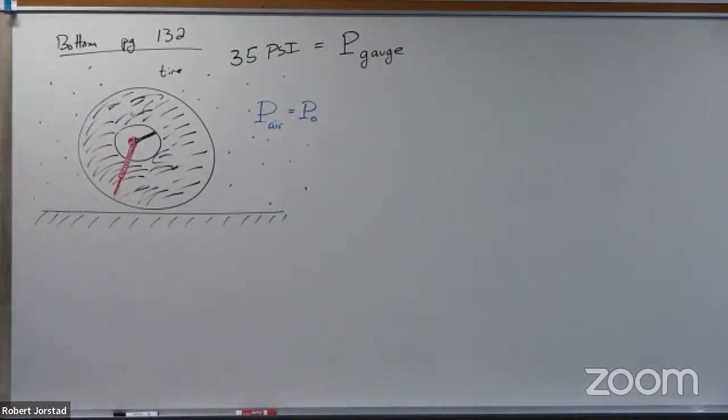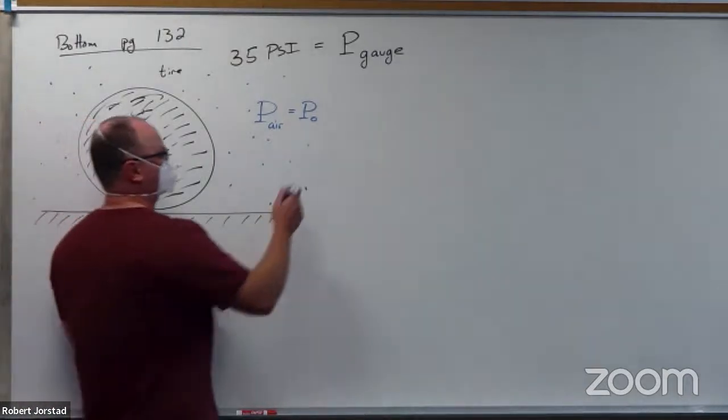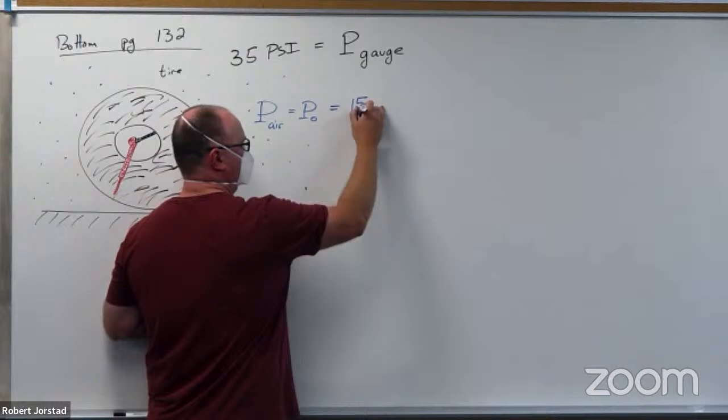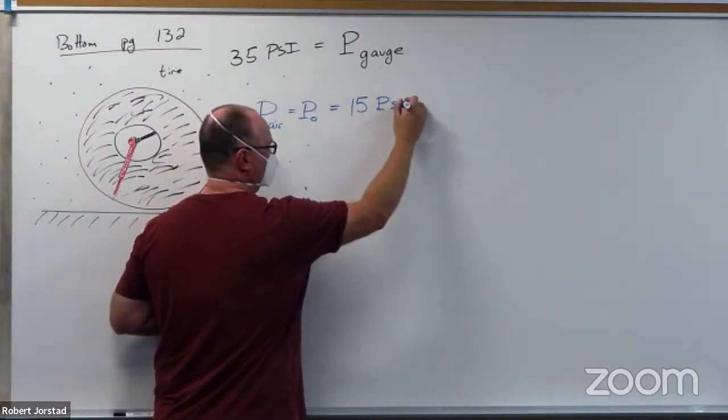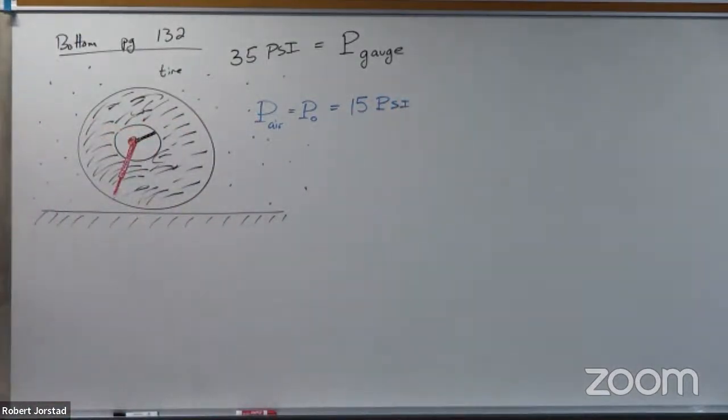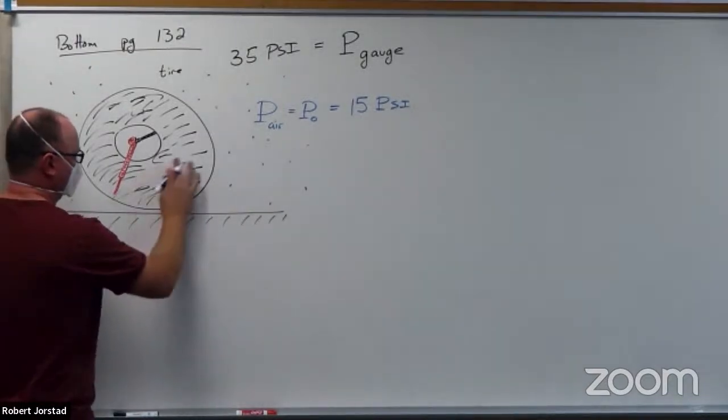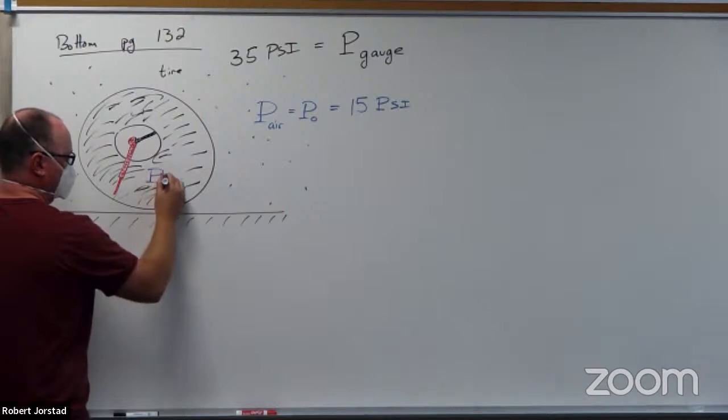So now in this case, the gauge is actually reading the pressure difference. Now, if you recall, atmospheric pressure in PSI was about 15. So it turns out the actual pressure inside is called P absolute.